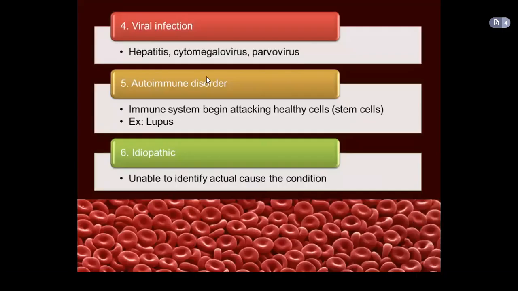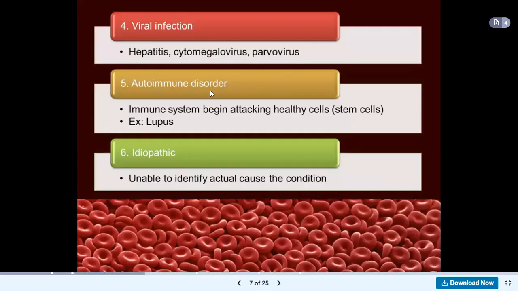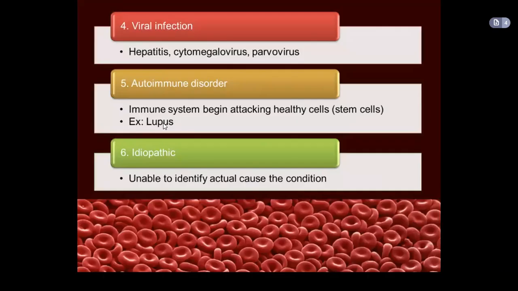And then sometimes we'll have autoimmune disorders, such as systemic lupus erythematosus, in which your body produces antibodies against your own cells. In such autoimmune diseases, antibodies destroy healthy cells, and they could destroy the stem cells of the bone marrow.